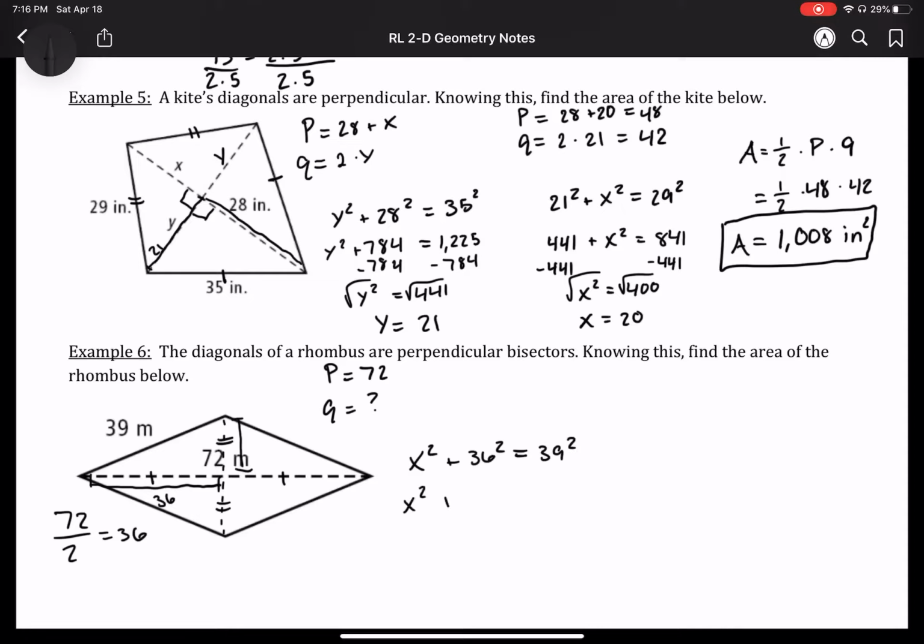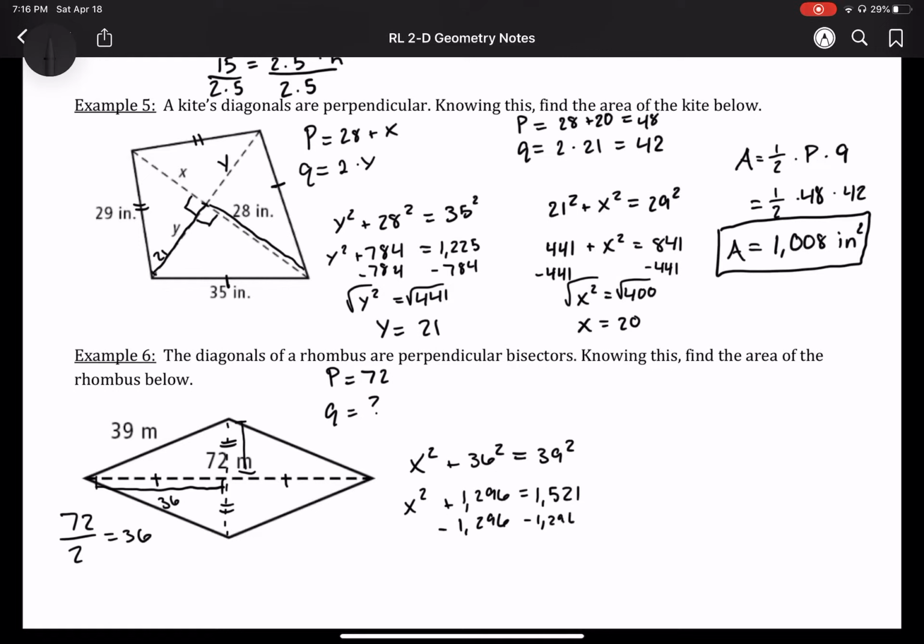So 36 squared happens to be 1,296, and 39 squared happens to be 1,521. When I subtract 1,296 from both sides, that leaves me with x squared is equal to 225. I'm going to square root both sides, and that gives me x is equal to 15.